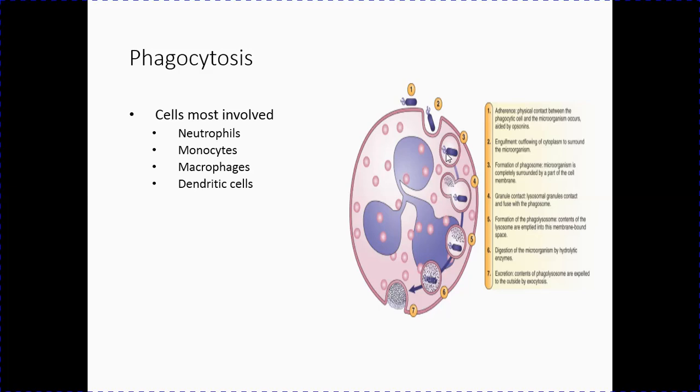What happens next is that some granules are released and enter into the phagosome as well. Lysosomal granules are released and they contact the phagosome and fuse with the phagosome, forming what's called a phagolysosome. So here's the original organism with the lytic agents in it.